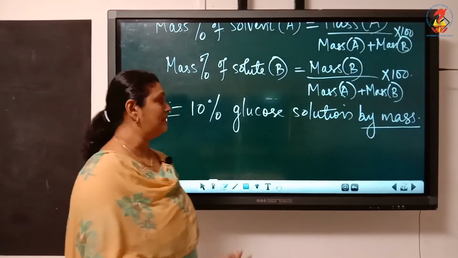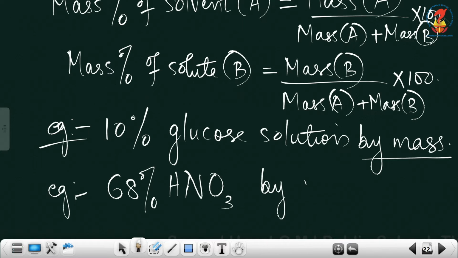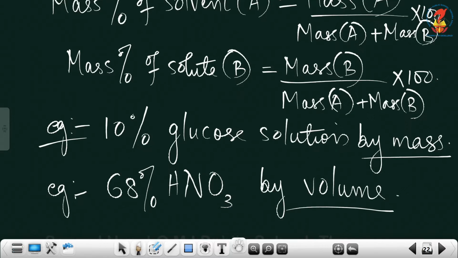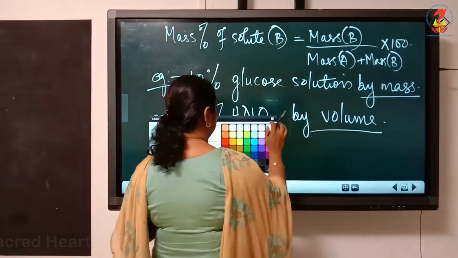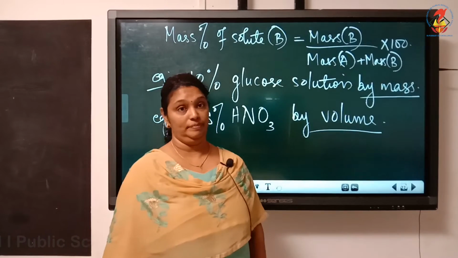Okay, now next example. 68% HNO3 by volume. What is the meaning of this sentence? 68% nitric acid by volume.